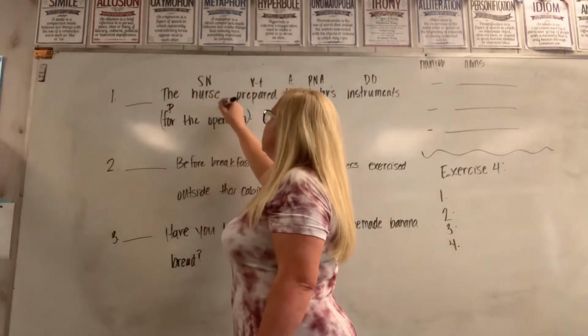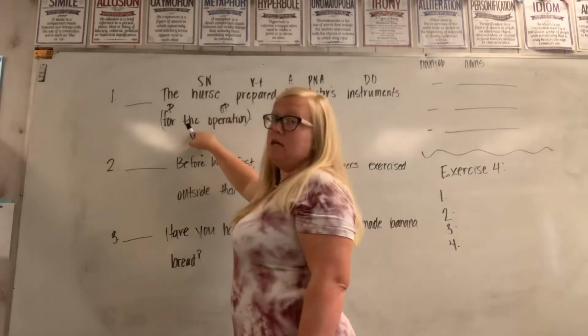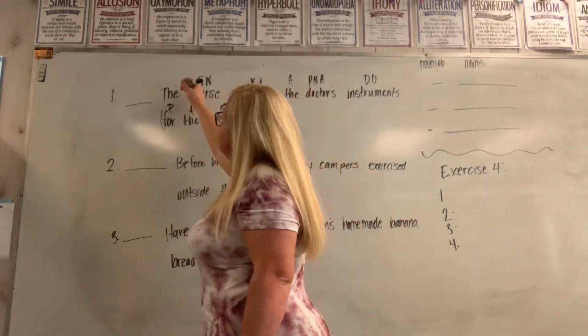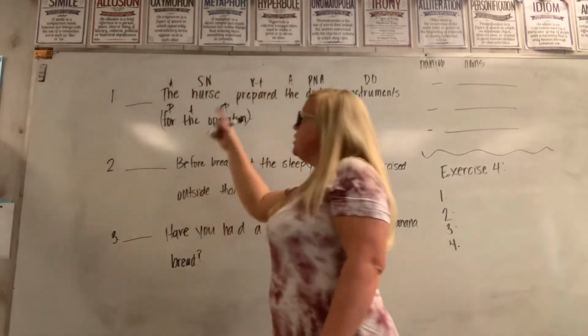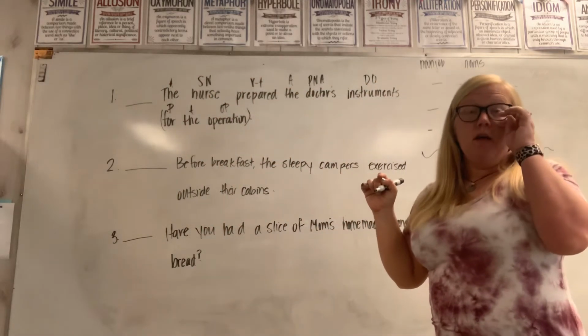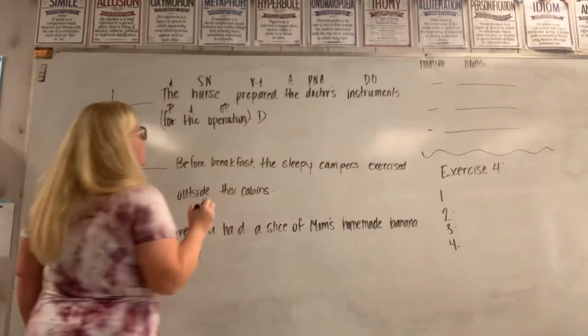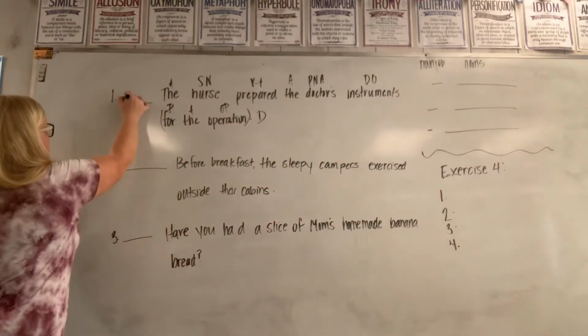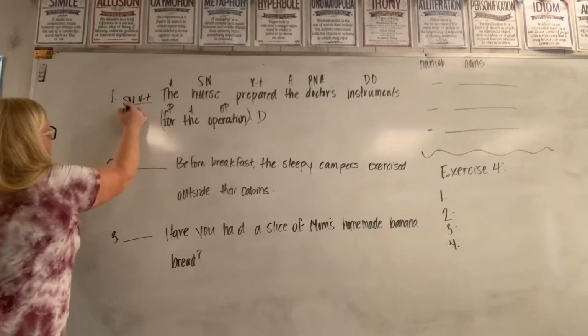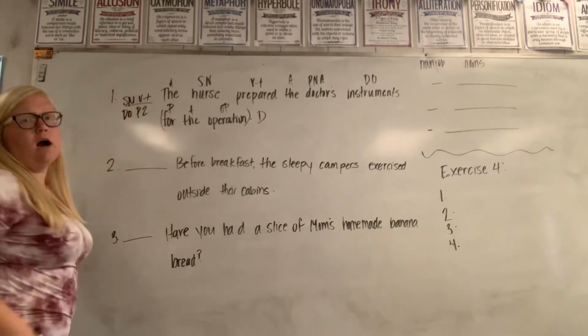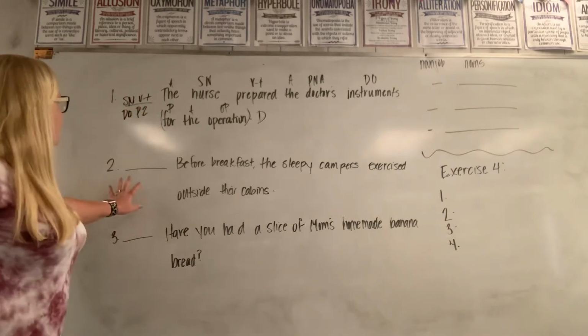For what? Operation. The is an article adjective, and so is this one, so let's mark that. If we look at the sentence, it's a statement, therefore that makes it declarative. And we did have a verb transitive and a direct object, so subject noun, verb transitive, direct object, pattern 2, okay? Let's look at number 2.